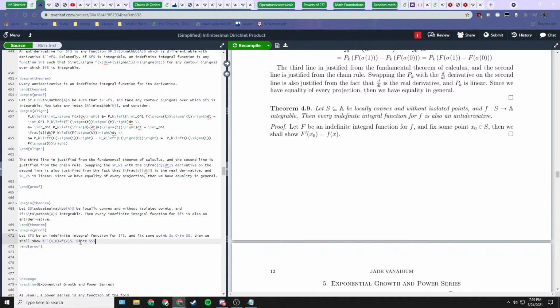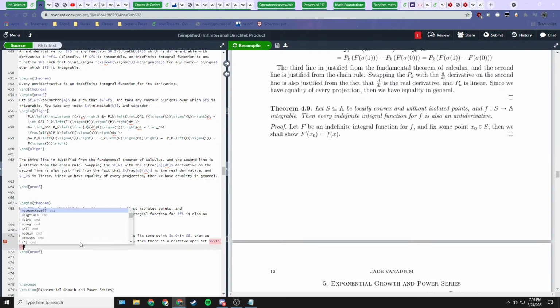Since our domain set S is locally convex, there is a relative open set U subset of S, which is convex. So U is a convex set.